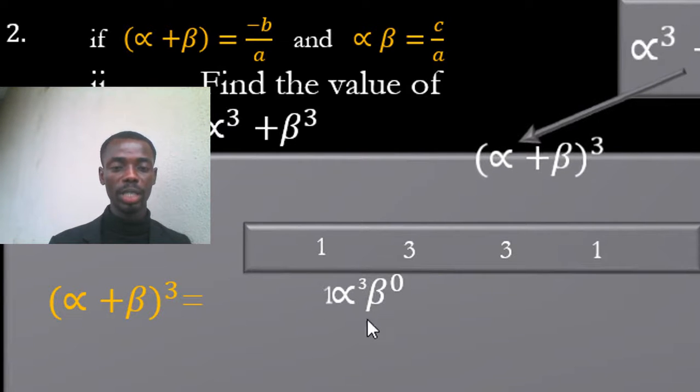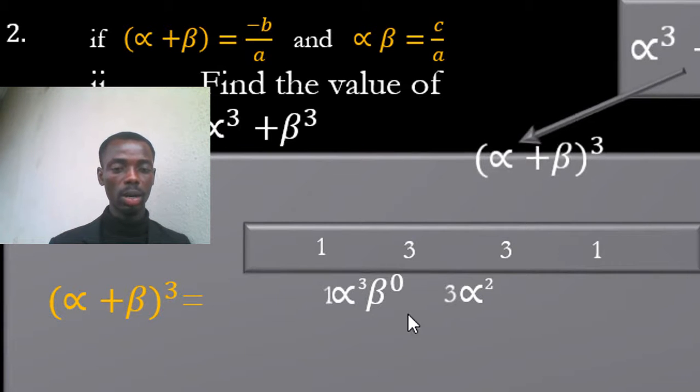Now the next coefficient on our bar is 3. So the 3 is coming out already. Now the next thing we'll do is, we are also bringing out this alpha. But this time around, alpha will no longer be carrying the power of 3. It will reduce by 1. So that's going to be raised to the power of 2, just like you see it.